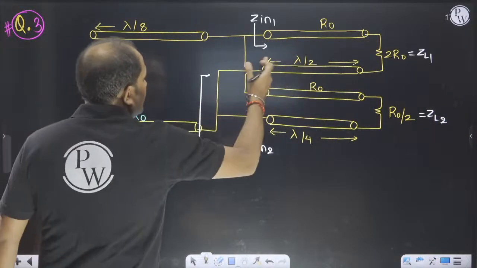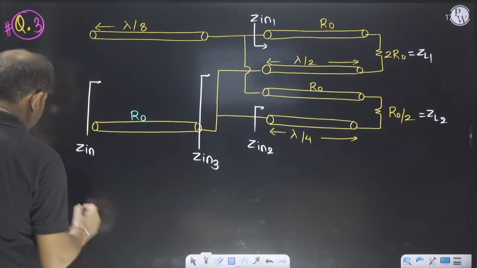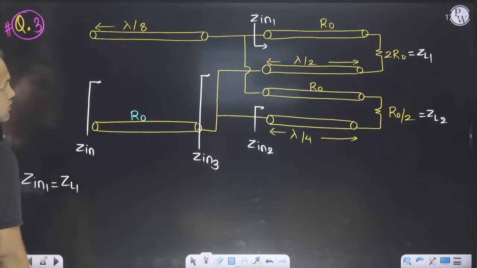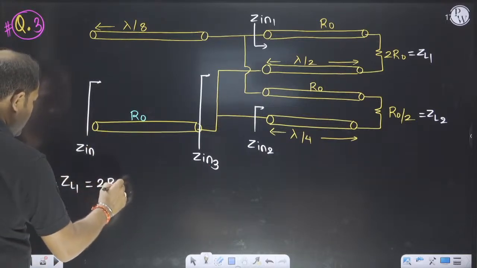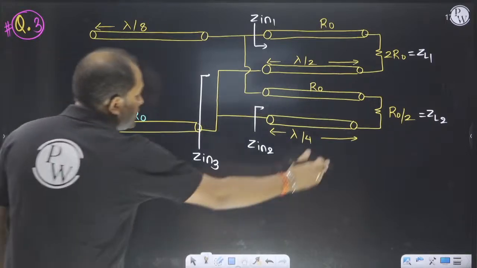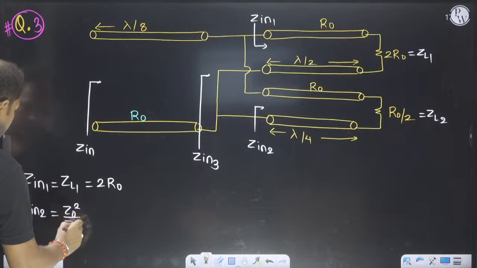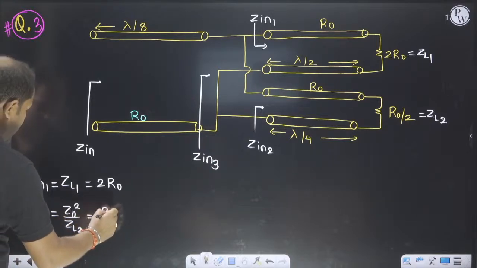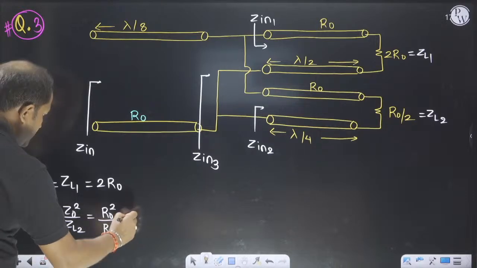Length is lambda by 2, so I will take ZL1 at lambda by 2. ZL1 is how much? 2R0. Then for Zin2, length is lambda by 4, so it will be Z naught square upon ZL2. Z naught is R0 and ZL2 is R0 by 2, so it is 2R0.